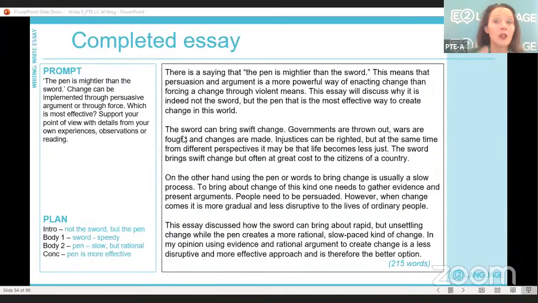I've seen people just say this essay will discuss both why the sword and the pen can be effective. They haven't answered which one they support, and then they don't get a high score. So make sure you've got that in the introduction.